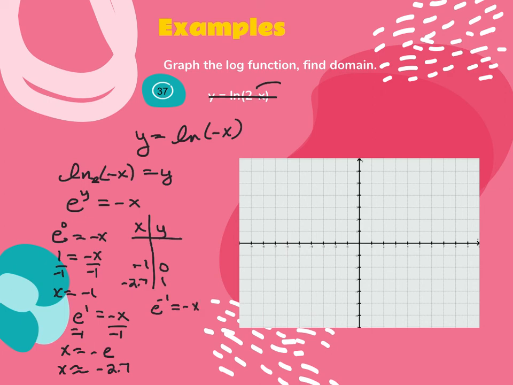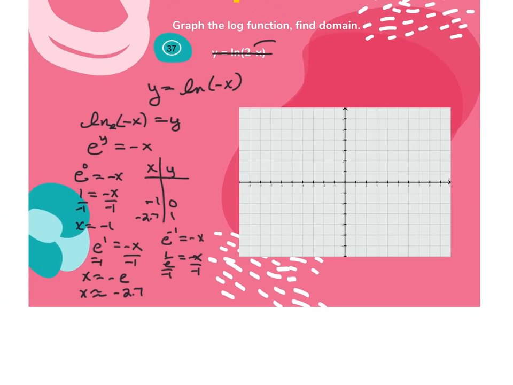This is really equivalent to 1 over e. Divide by negative 1. So I get negative 1 over e equals x. This is going to be a fraction. So again, I could divide this and get about negative 0.36 equals x. So that's what I'll put here for the negative 1.